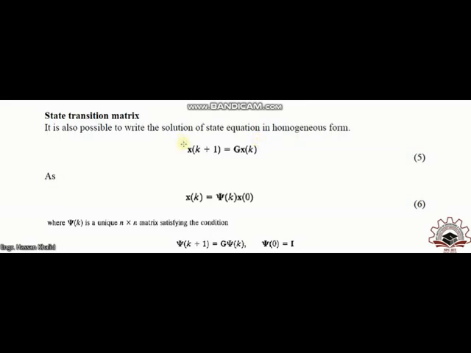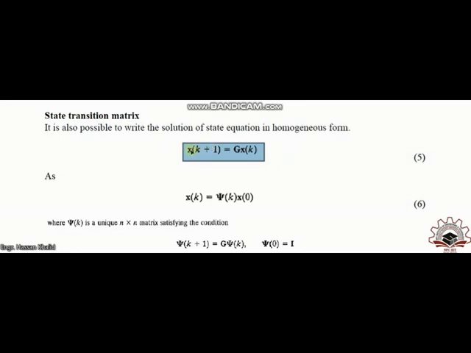Now if you observe, this is our state equation, x(k+1) equal to G x(k) plus H u(k). Since we have set the homogeneous form, u(k) is equal to 0, so there is no input.